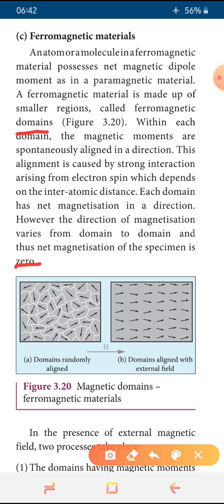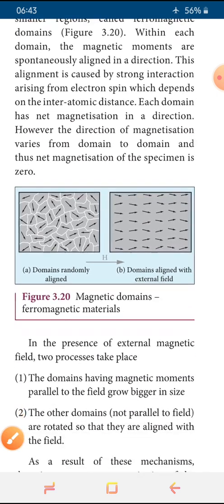It is not restricted. We restrict this direction when we apply the external magnetic field, whether it may be uniform or non-uniform. Without an external magnetic field, the net magnetization of the domains of this material is equal to 0. These things we discussed in this ferromagnetic.